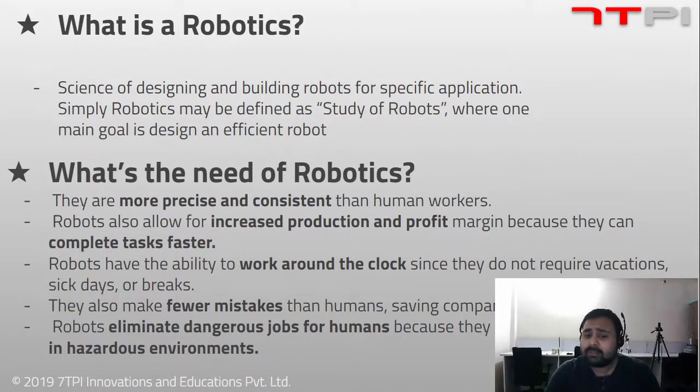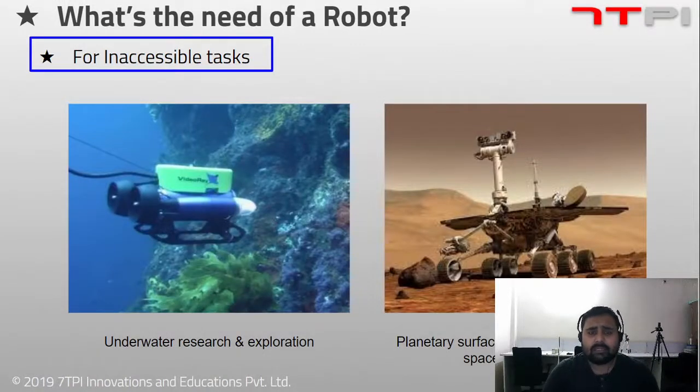Robots make fewer mistakes compared to humans, saving a lot of time. Also, robots eliminate dangerous jobs for humans, such as working in a mine, going underwater, or going for space exploration. There are hundreds and thousands of examples of why we need robots, and maybe you will have a lot of them too.